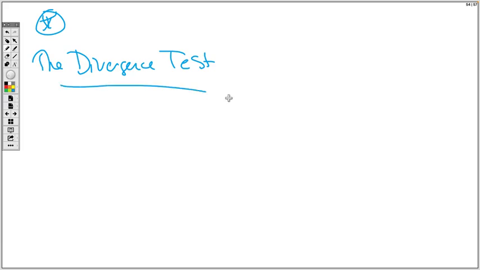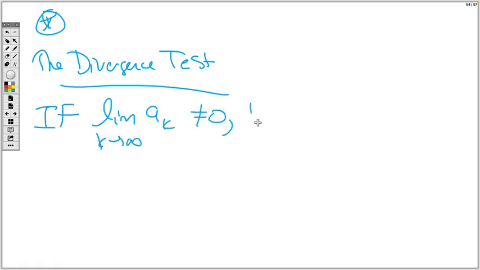for determining whether or not the series adds up to something, we've got the divergence test, which is a test for divergence only. It says if the limit as k goes to infinity of a sub k is not 0, then we can be guaranteed that the series does what?